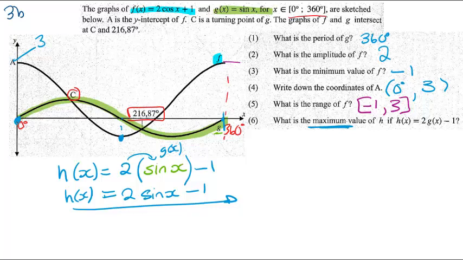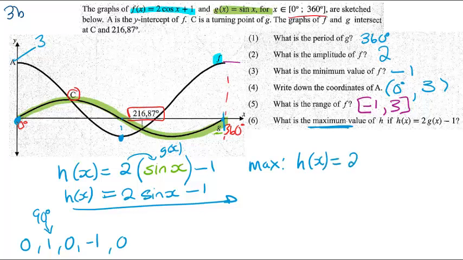So again, maximum and minimum, I first go to my pattern. My pattern for sine is 0, 1, 0, -1, 0. And my maximum is over here at 90 degrees. So to get the maximum, I am going to say h of x is equal to 2 sine of 90 degrees minus 1.